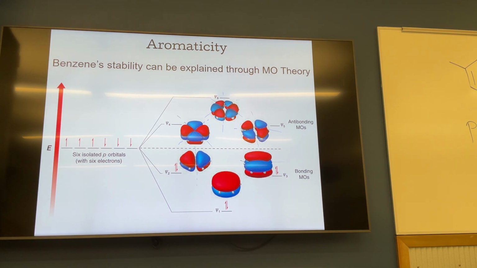The nodes are whether or not you have, remember conrotatory, disrotatory, right? These opposing orbitals, how they are arranged together. Oh, okay. That's what affects HOMO, LUMO.